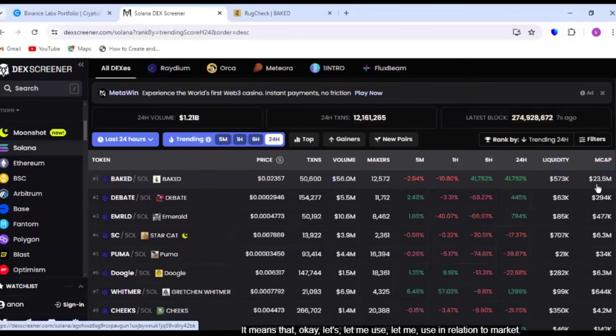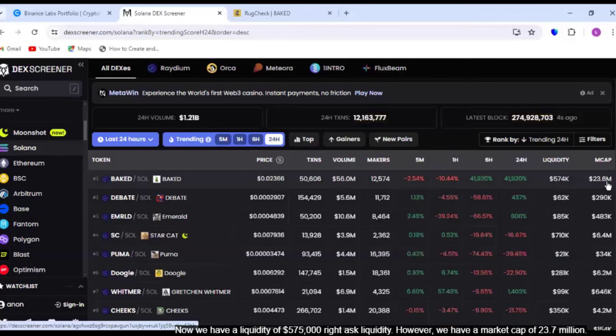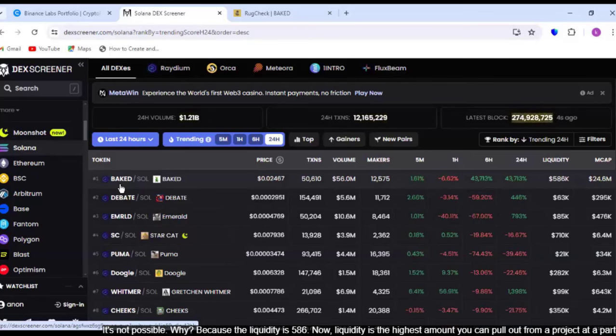It means that, okay, let me use it in relation to market cap. Now we have a liquidity of $575,000, right, as liquidity. However, we have a market cap of 23.7 million. Now, I want to tell you that you cannot pull out 23.6 million from this project as it stands now. It's not possible.